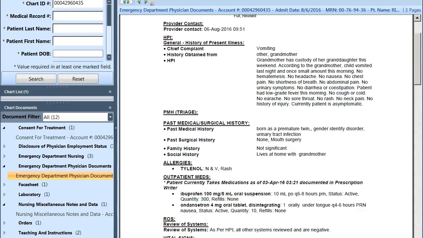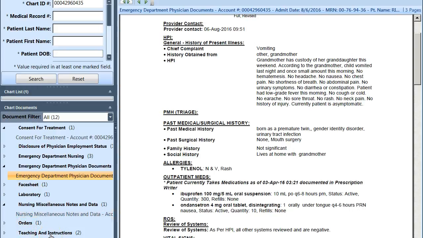Since all of my records are listed inside of a document filter, the only thing I would need to do is click on the link for the next document, which is the emergency physician documentation, and then it will take me to the other portion of the charts that I need to review. As you can see, there are several sections of an electronic health record.